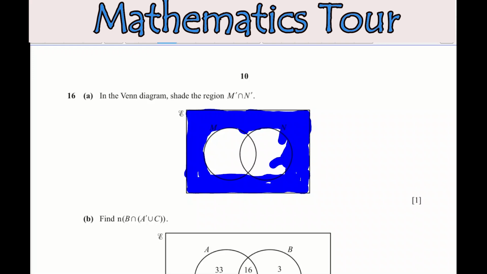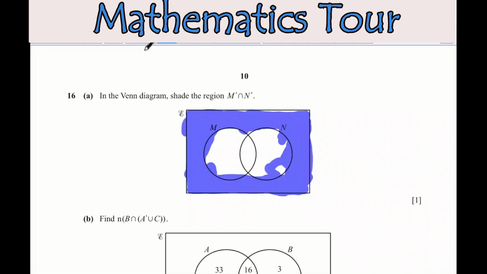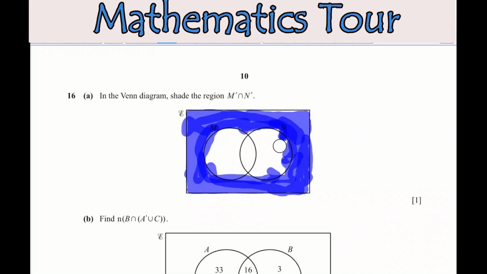Just to ensure that everything is okay, good. Now I can remove the unwanted side there. I don't need to shade the circle at all. So let's remove this.